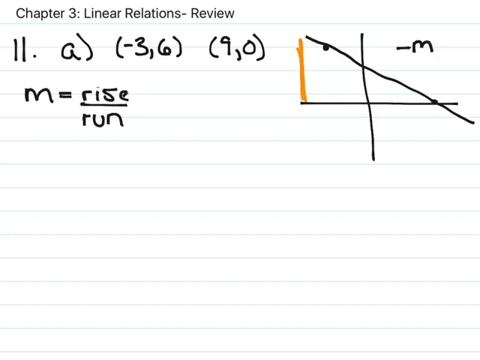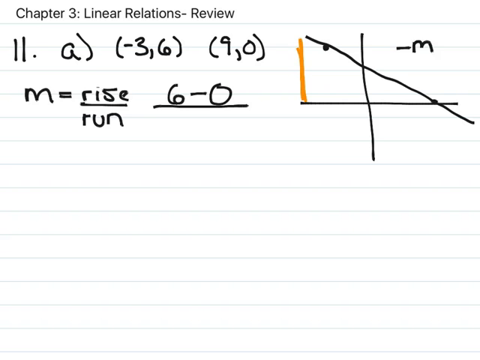So it's the change in the y value. So I'm going to go from 6, because that's where we are up here, down to 0.